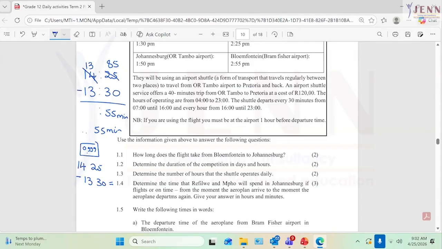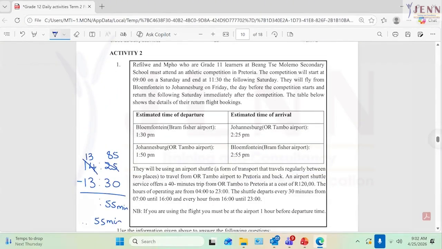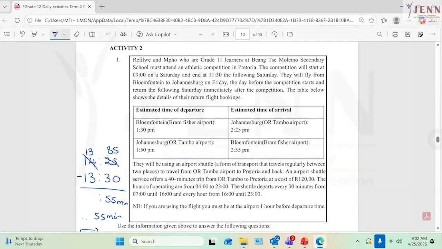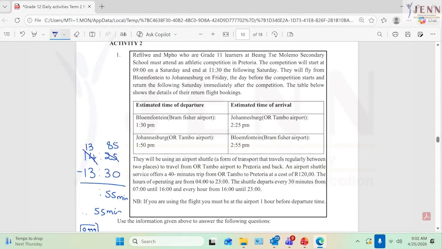Determine the duration of the competition in days and hours. The competition started at 9 on Saturday and ended at 11:30 the following Saturday, meaning from 9 o'clock Saturday until 9 o'clock the following Saturday.